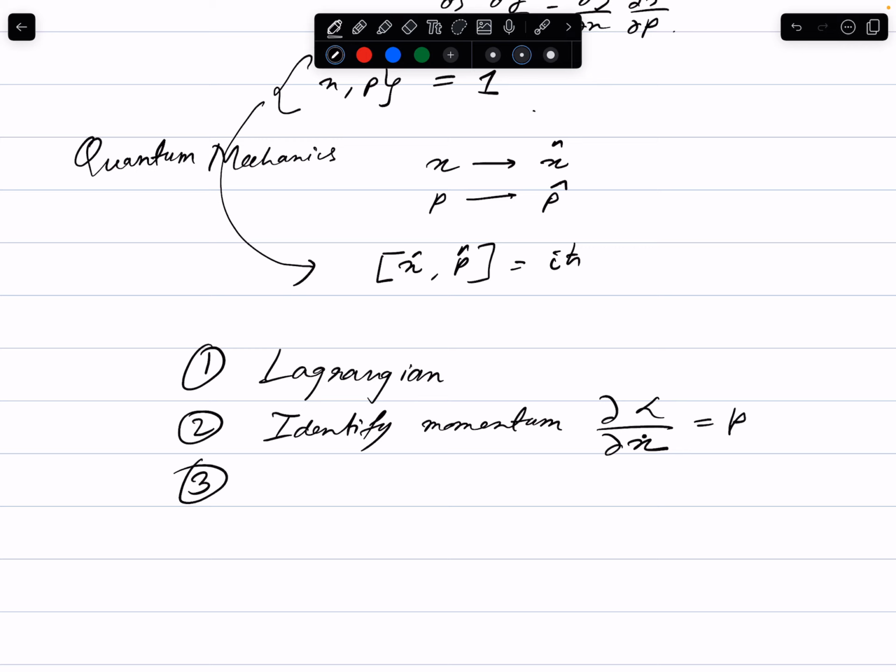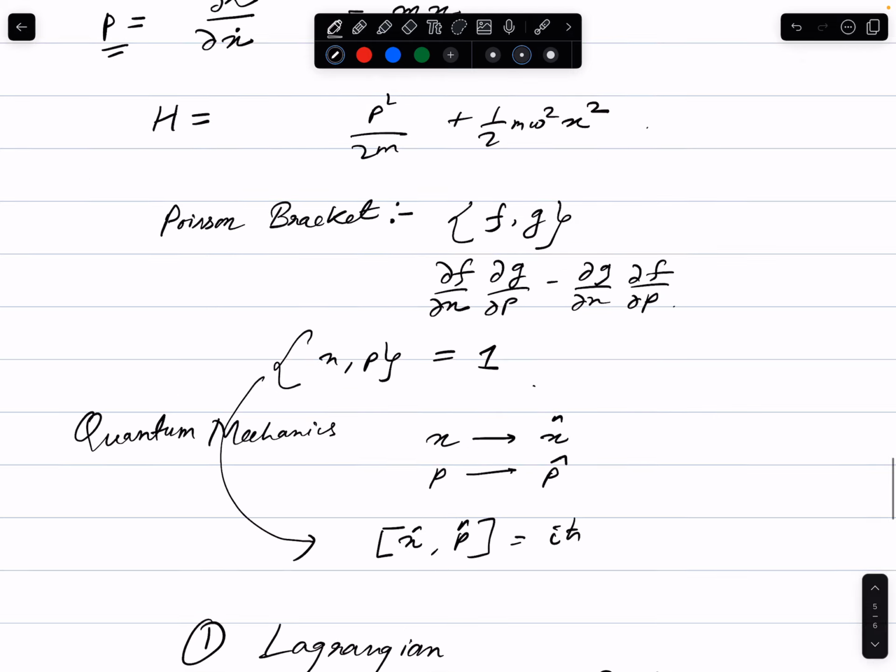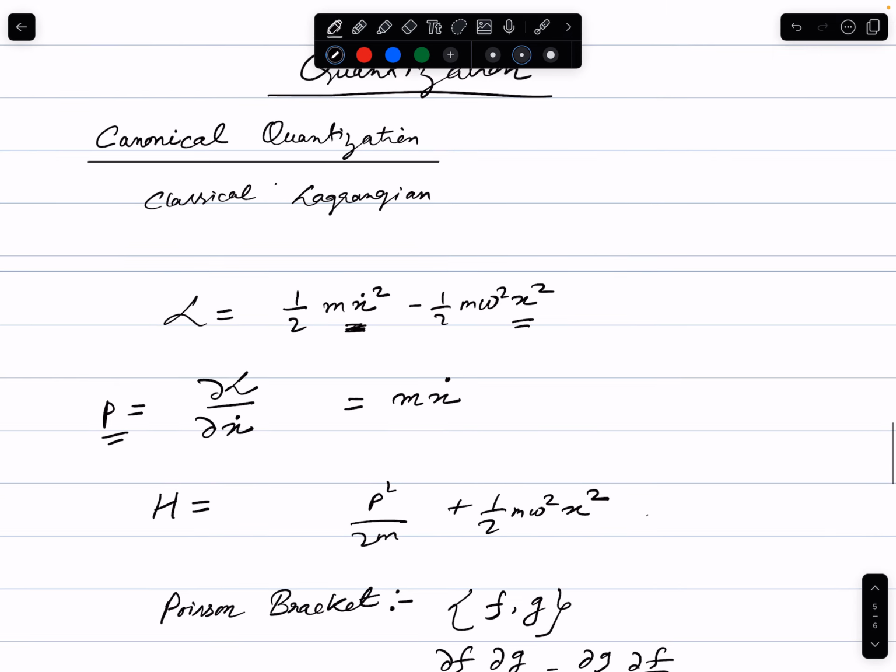Then you are done basically, because once you have identified p, you know [x, p], and you can pass to quantum mechanics by putting [x, p] equal to i h bar. From the Lagrangian you also have the Hamiltonian, and in the Hamiltonian you just put hats on everything and you get the quantum Hamiltonian.